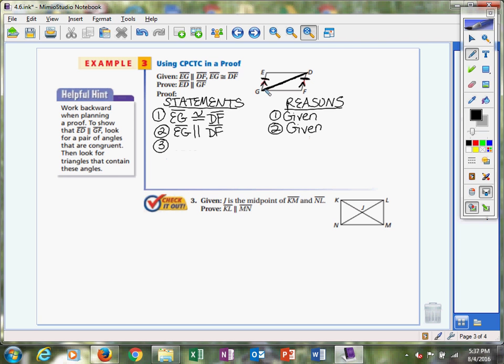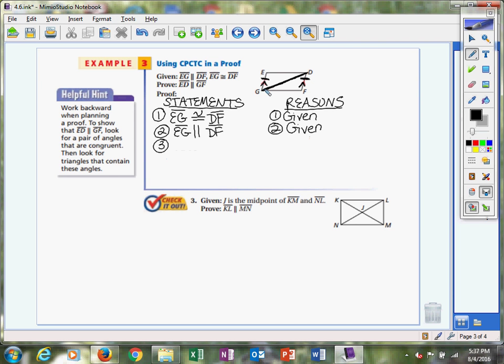And what can you prove using that transversal? What can you figure out? Okay, now if you're saying, hey, I could possibly do alternate interior angles, okay? So we want to go in between the lines and find two angles on opposite sides of that particular transversal.